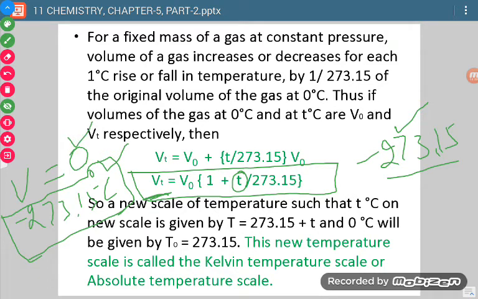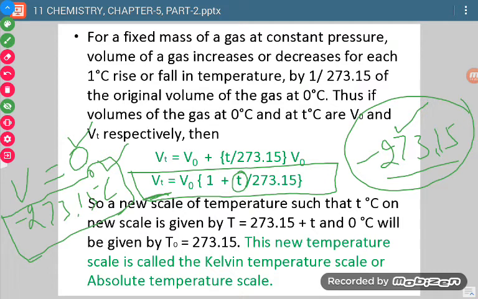Okay, so what is this? What do we mean by this? This is called absolute zero temperature. So can we obtain this temperature? No, this temperature cannot be obtained. This temperature can never be obtained.